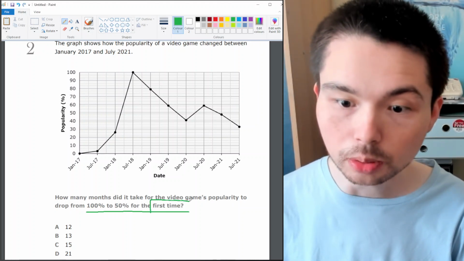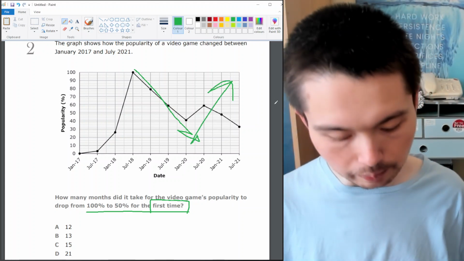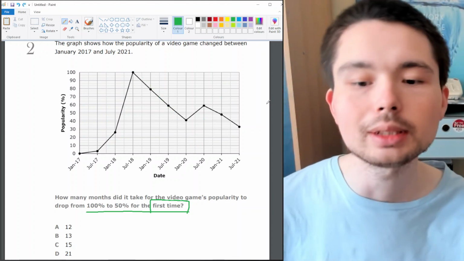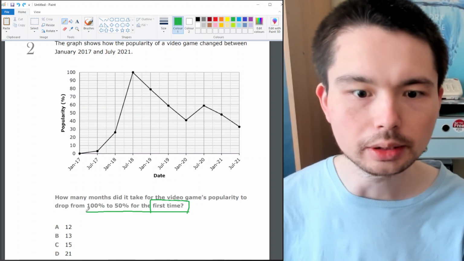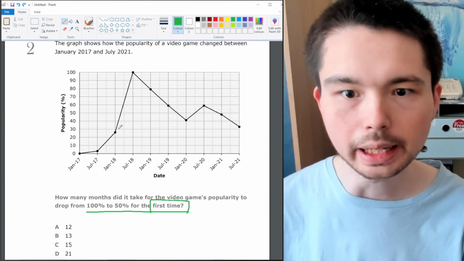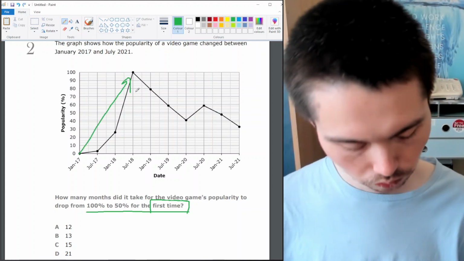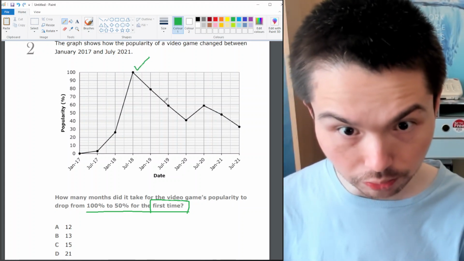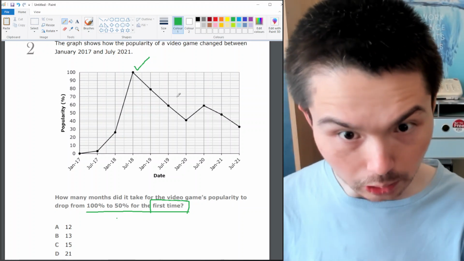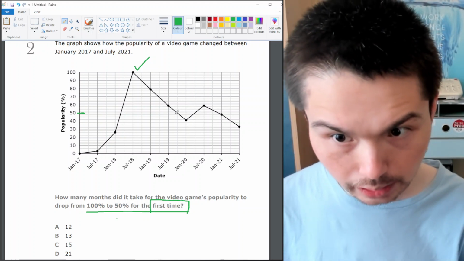That part is important because you can see the graph going down and then going back up again. We just care about the game going down. So popularity, 100%. So we're here, up top. Now we're going from this number to 50%, which is, well, go along. Go along here. That's the first time.